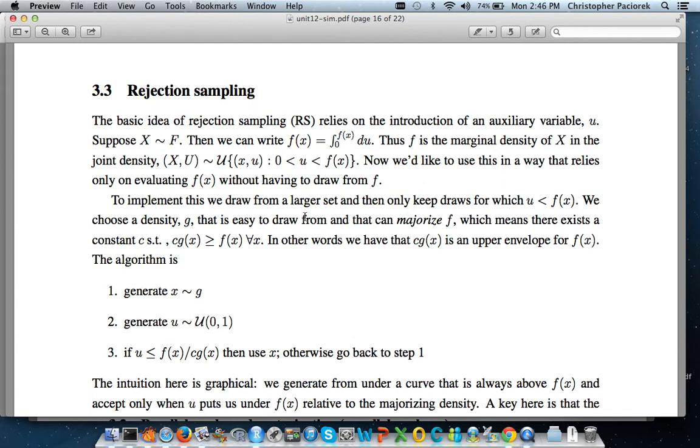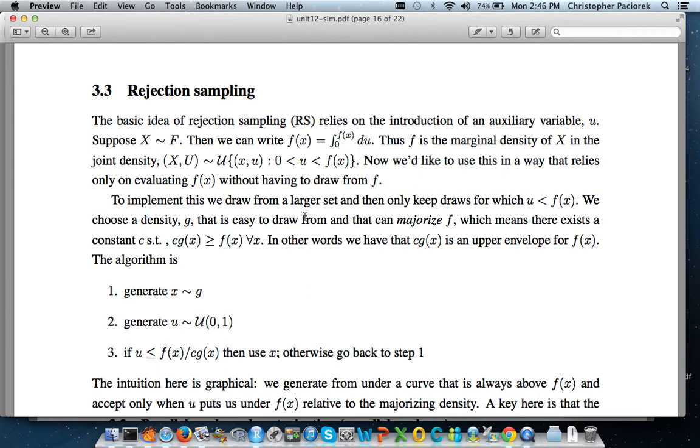So the standard rejection sampling algorithm is, if I can come up with some other distribution, which I call G here, and if that distribution, when I multiply it by a value C, is always at least as big as f of x, then I can use this to generate from G and do a correction, basically, to be able to generate from f. So I need some G that when I scale it up by C is always going to be above this distribution.